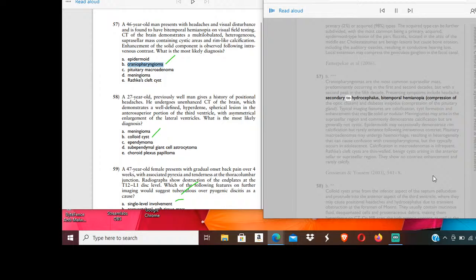Presenting symptoms include headache secondary to hydrocephalus, bitemporal hemianopia, compression of the optic chiasm, and diabetes insipidus, compression of the pituitary gland. Typical imaging features are calcification, cyst formation, and enhancement that may be solid or nodular.